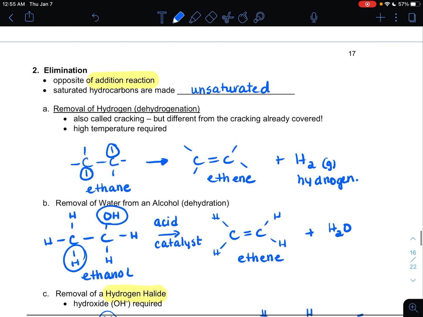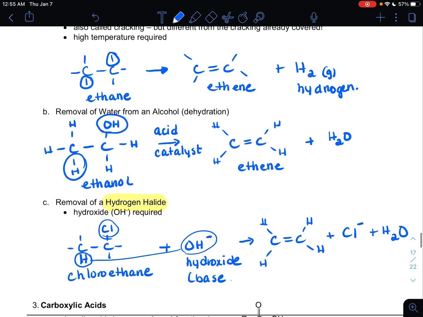So our next reaction then is an elimination reaction. This happens where you take a saturated organic compound and you make it into an unsaturated one. The most common way that this is done is by removing water from an alcohol to form that double bond. But there is another way where you can use a halogen and a base to actually get the double bond to form.